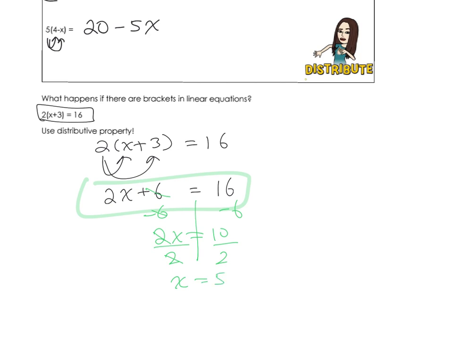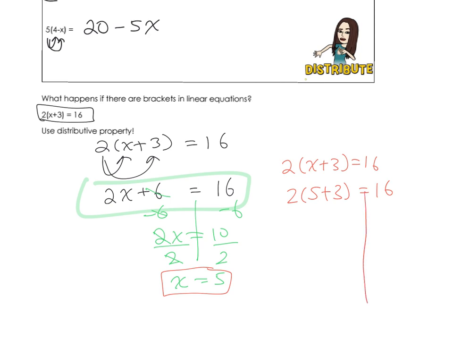I'm not done here because I need to verify my solution. So I go back to my original equation, which is 2(x + 3) is equal to 16, and we need to see if it's true when x is 5. So in place of x, I'm going to put in 5. When you have this, don't feel like you're solving an equation left to right. You're actually doing the left side and the right side.